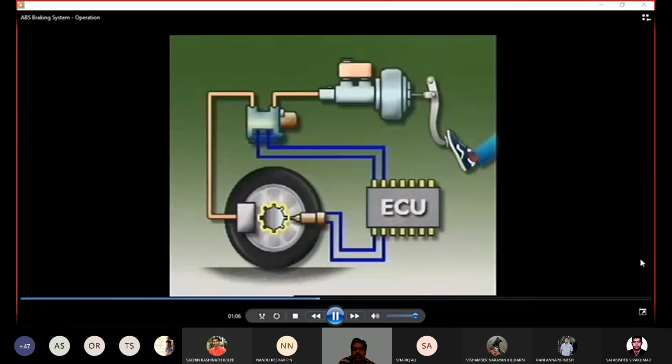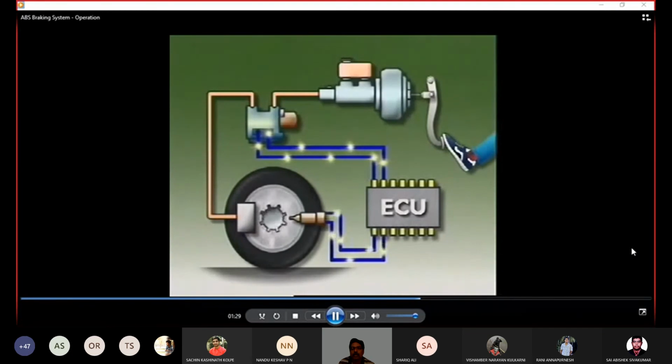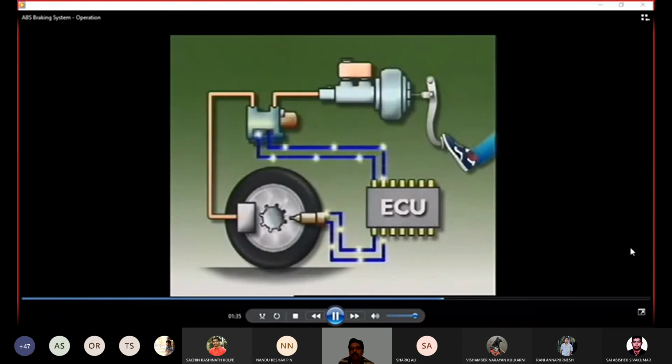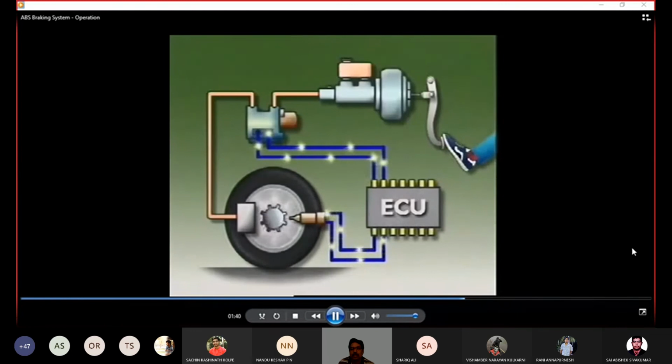The wheel speed sensor consists of a notched or toothed rotor that rotates with each wheel and a pickup. As the wheel turns, a small voltage pulse is induced into the pickup and sent to the electronic control unit. When the brakes are applied, the wheel's speed of rotation changes. This sends a new signal to the ECU. If the control unit detects that a wheel might lock, it sends a signal to the hydraulic control unit.